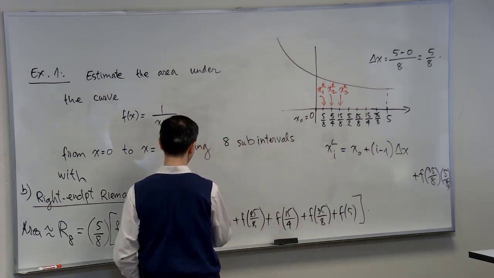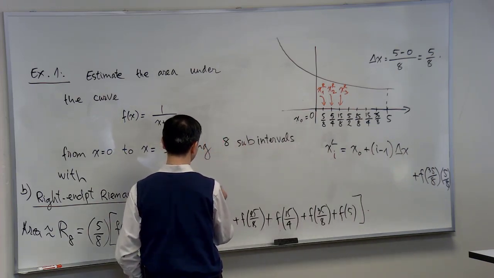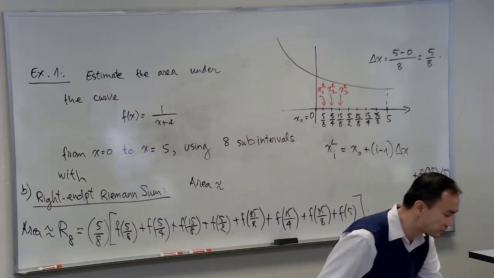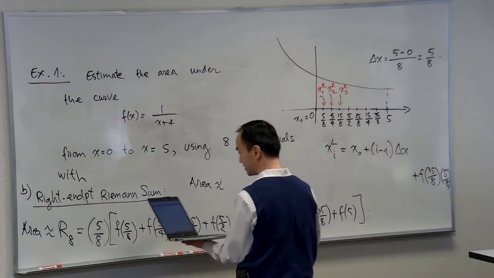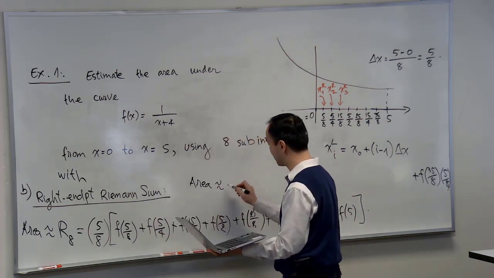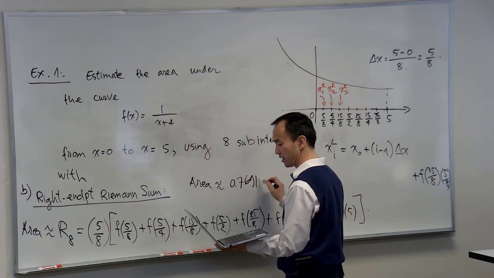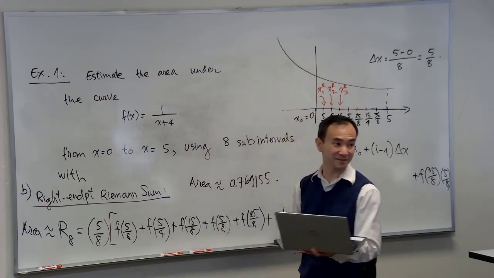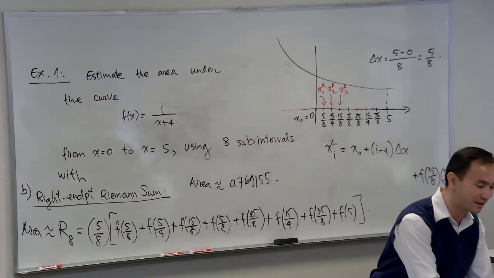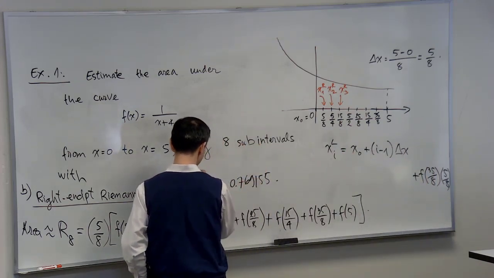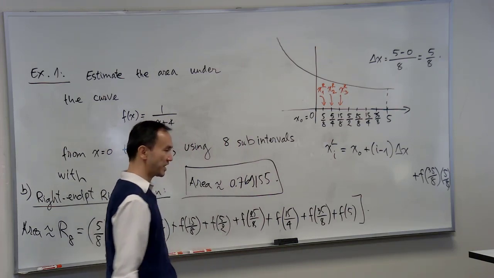So the area approximated by that value. This value we are about to write out, that's R8, right? And that's how we're calculating it. So 0.769155. Fair enough? That's the value for R8. And this R8 right here is the closing up estimate for the area.